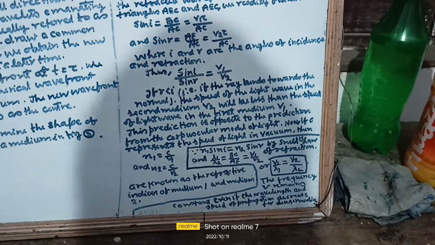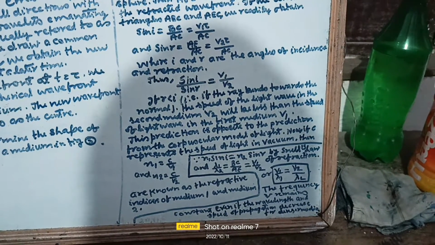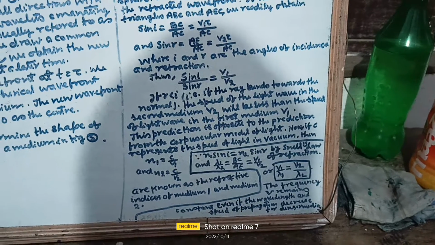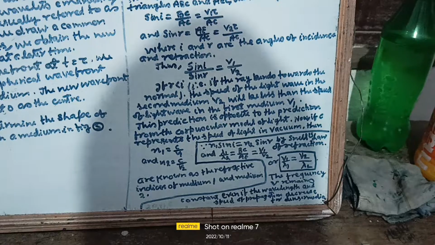The frequency nu remains constant even though the wavelength and speed of propagation decrease for a dense medium, or v2 smaller than v1.